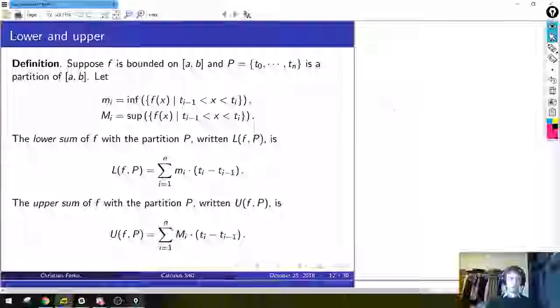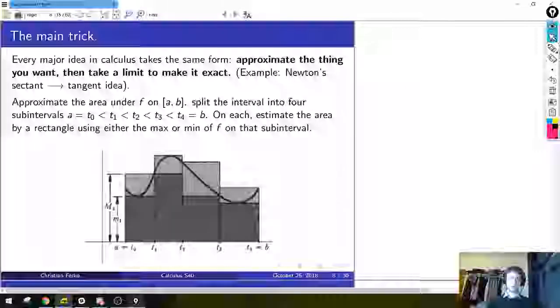Now, for a somewhat more involved definition, there's a picture which will make this clearer. But we're just now trying to go back to the picture where we had the lower bounding rectangles. All of these dark gray rectangles are supposed to be below the total area under the function.